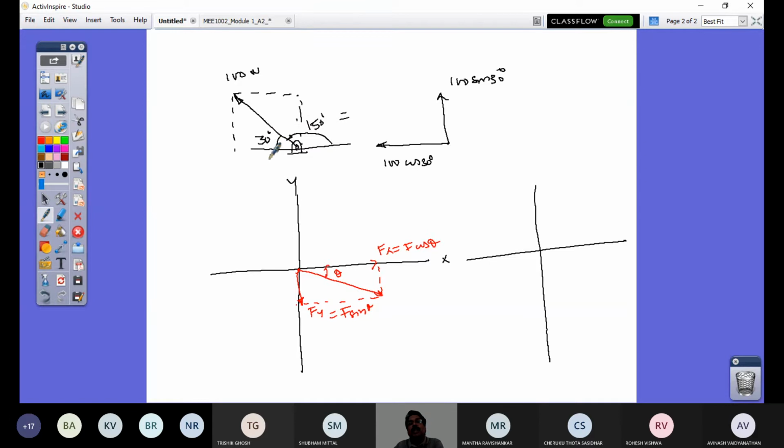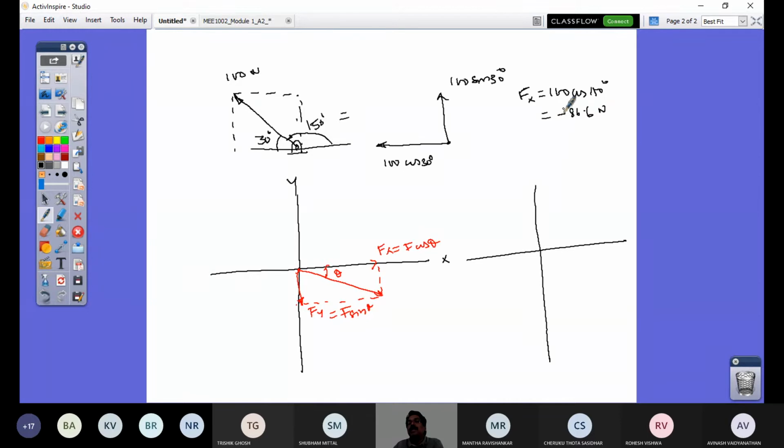When I represent by 30 degrees, I look at only magnitudes and write straight away, as I know these are the components and the direction. Or you can also say straight away: Fx is 100 cos 150 degrees. When I write 100 cos 150 degrees, what I get is minus 86.6 Newton.